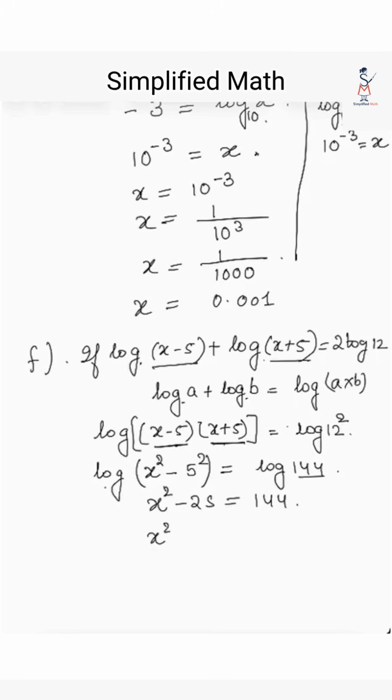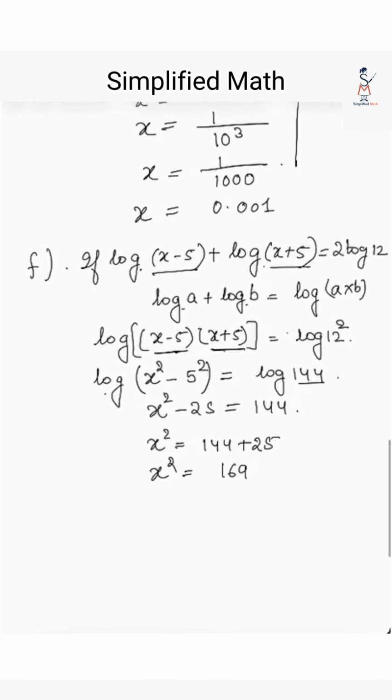Now x square is 144 plus 25, that is x square is 169. Fine. So x is the square root of 169, that is plus and minus 13.